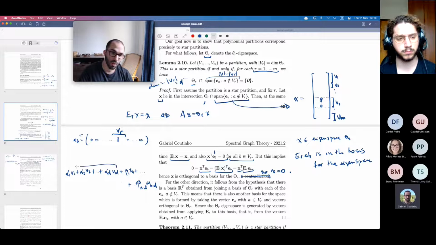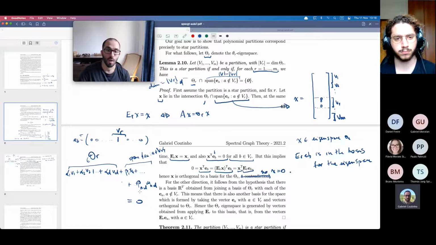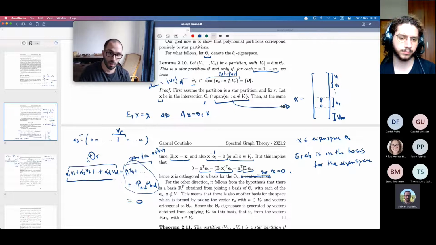Now this lies in the theta r eigenspace, and this lies in the span of the E sub A, with A not in VR. Now, if this thing is equal to 0, I can move these to the other side, and then I have that this thing is equal to minus these.